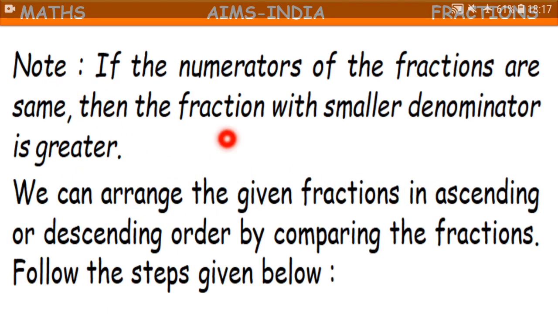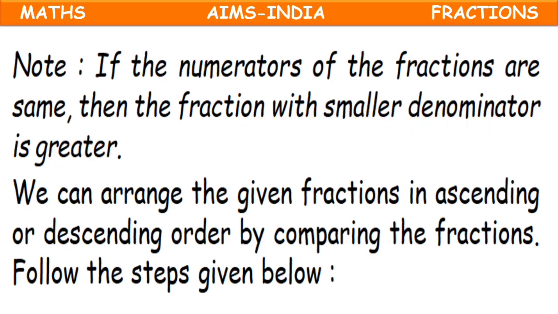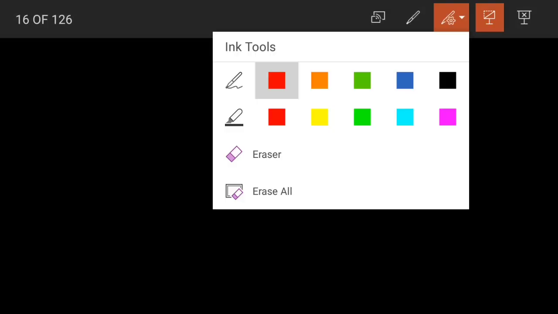Note, if the numerators of the fractions are the same, then the fraction with the smaller denominator is greater. See, if I have two fractions, say 1 by 6 and 2 by 6, here both the denominators are the same, so we will compare the numerators.